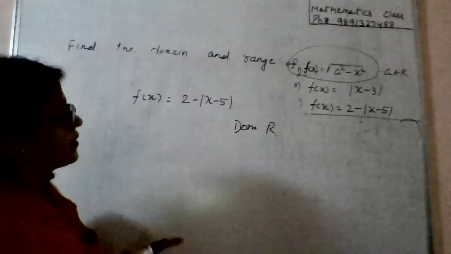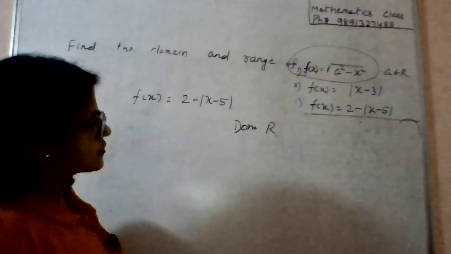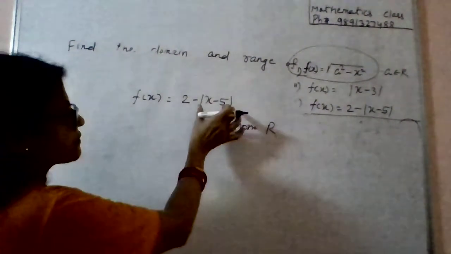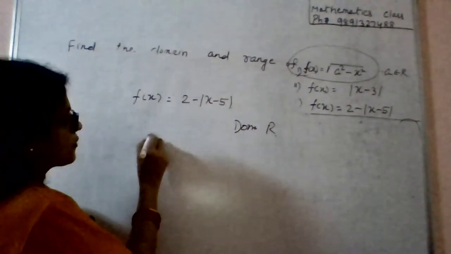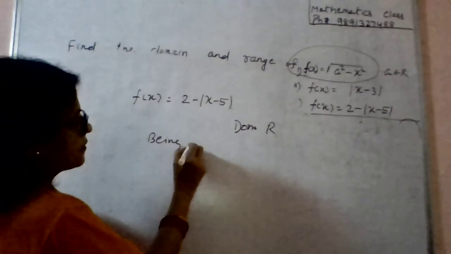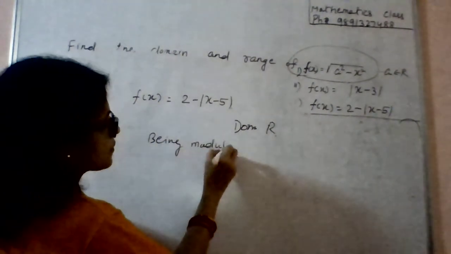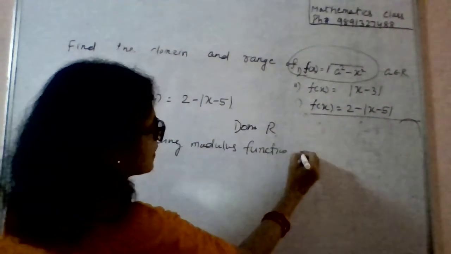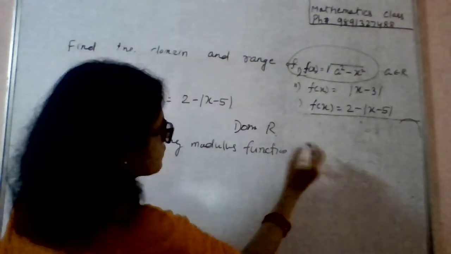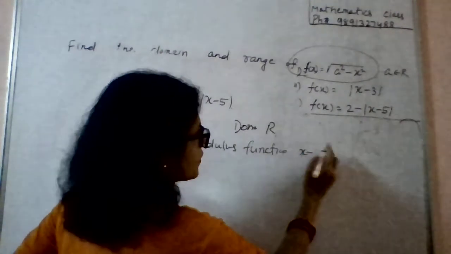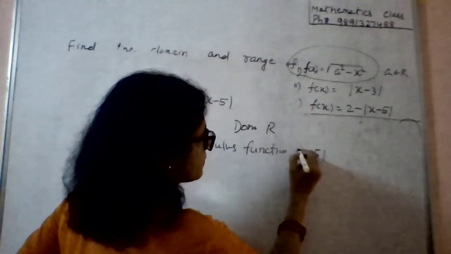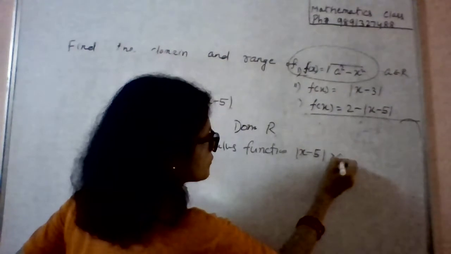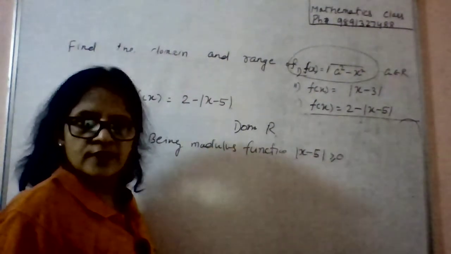Okay. Now while getting the range of the function, what you have to see is that, being a modulus function, mod x minus 5 will be greater than or equal to 0, right?